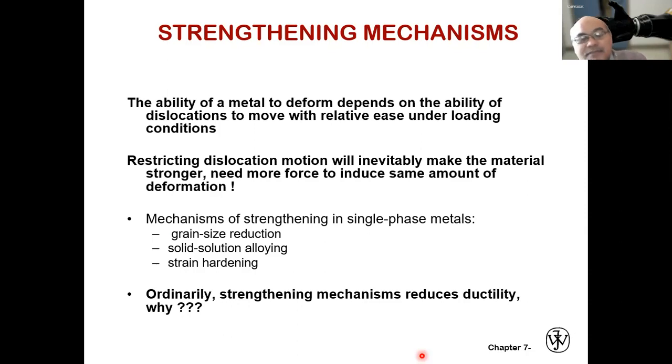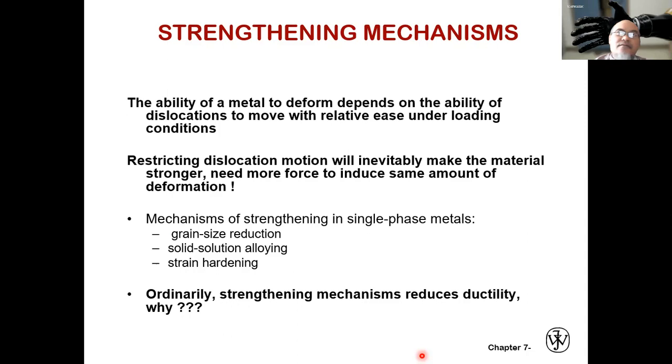So, what are the mechanisms that we can use to strengthen single phase material? The first one is by reducing the grain size. If it is polycrystalline, by making the grain size, the crystal, smaller instead of a bigger crystal, then we can strengthen the material. How come?